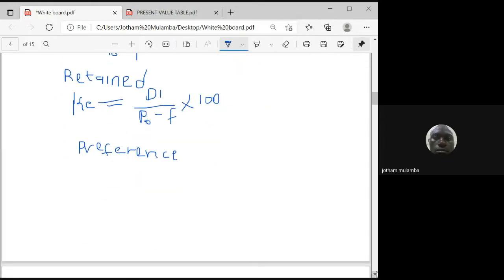Hello, class. Anyone who can remind us the second name for preference shares? I don't see if there was something like that. Okay.